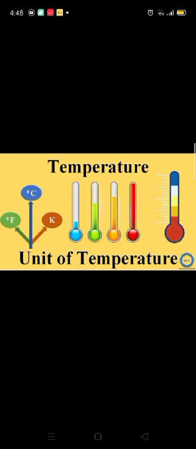Now we discuss the uses of these units. We use Kelvin mostly for scientific calculation. For example, if we measure the temperature of the lab, we say the temperature of the lab is 320 Kelvin, because the Kelvin unit of temperature is used in scientific labs or scientific calculations.